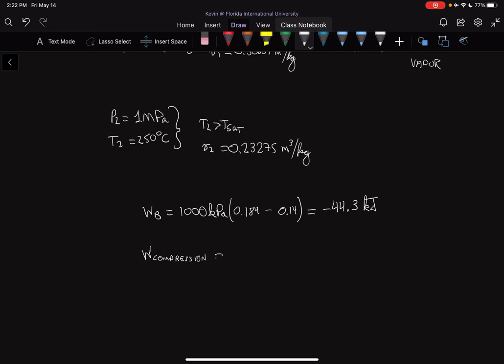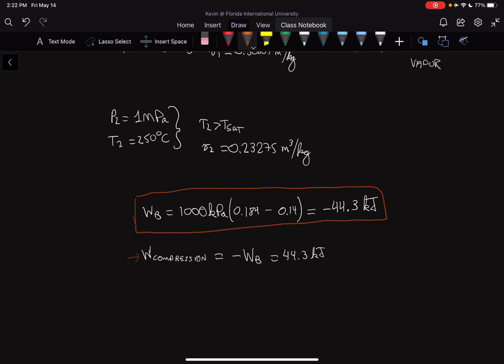You could say that the work of compression is equal to negative boundary work. Boundary work is always assumed to be negative when you have a compression, and compressive work is just the opposite of boundary work. So you could say that work of compression is 44.3 kilojoules. But for me, this is the correct answer.